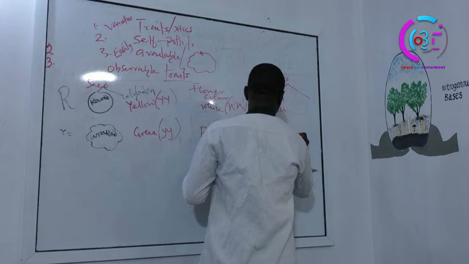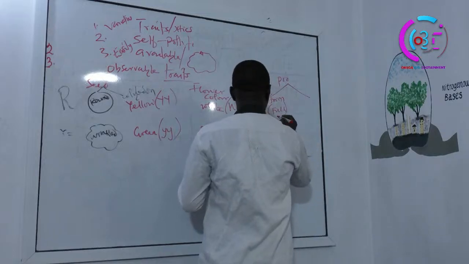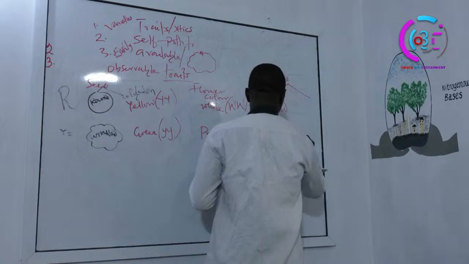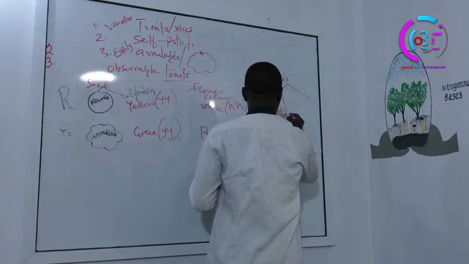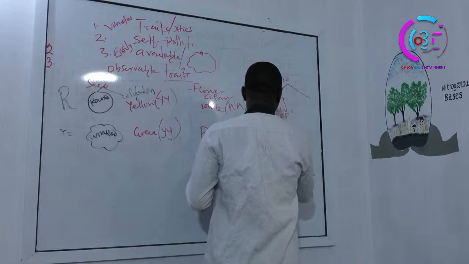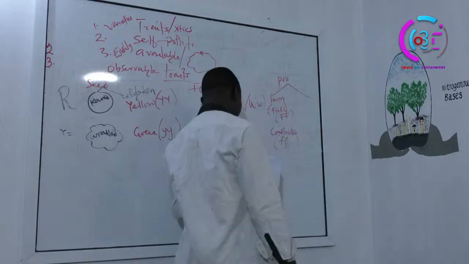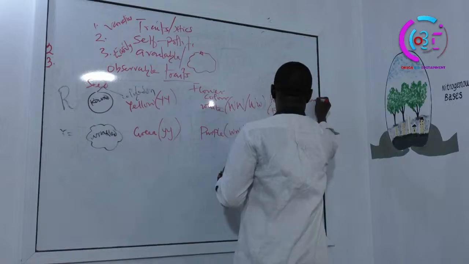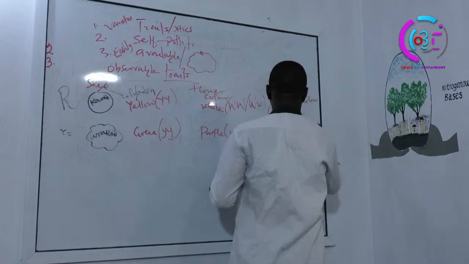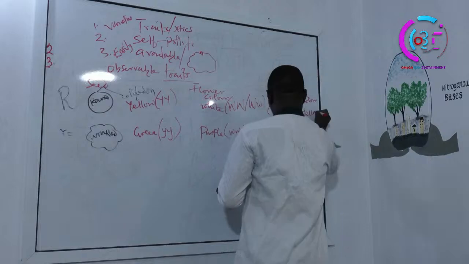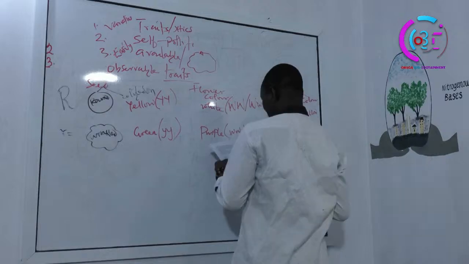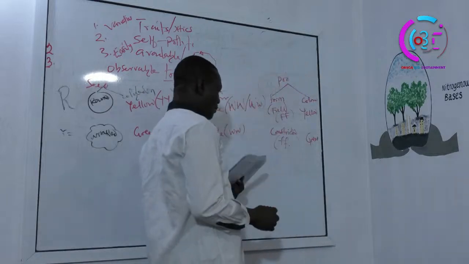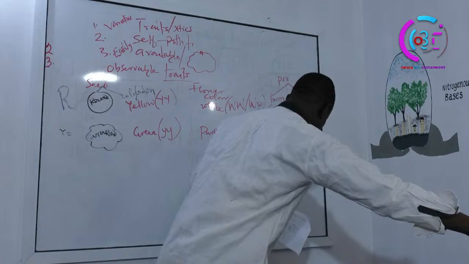So full is going to be dominant, and constricted is going to be, so if this is capital letter F, this is going to be small letter f, that is constricted. Then the color of the pod is either yellow or it is also green.